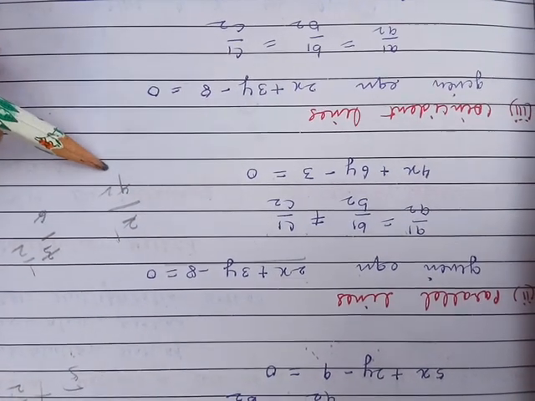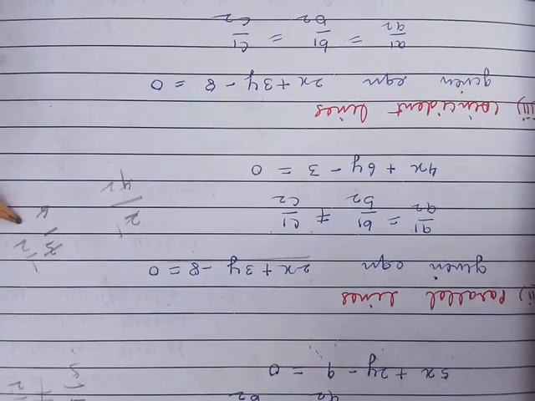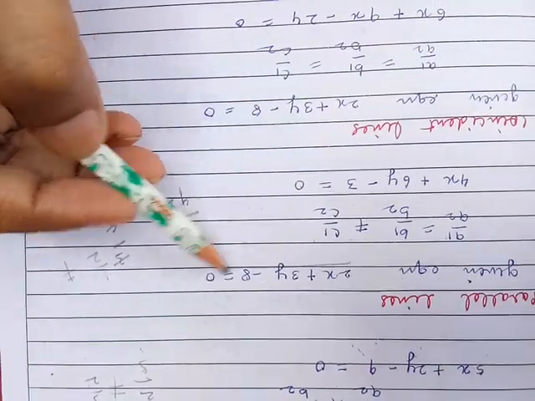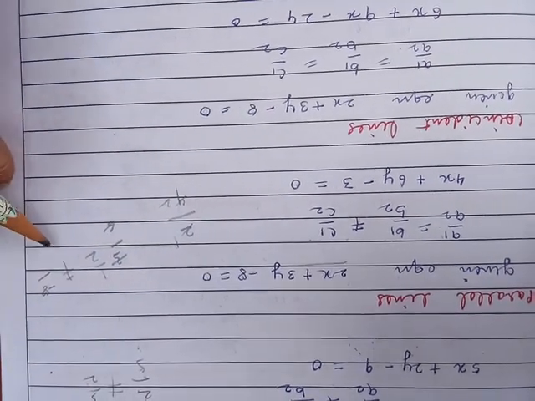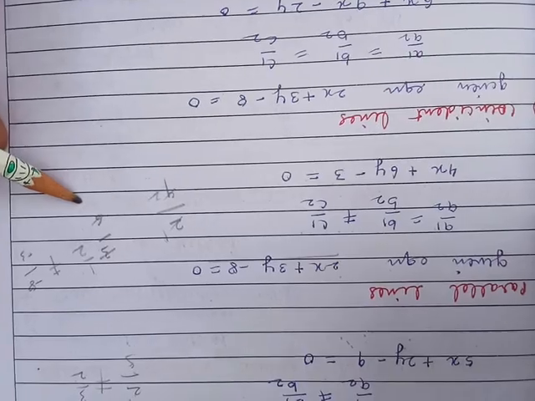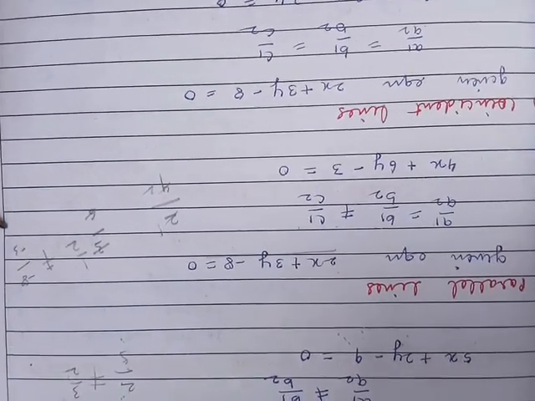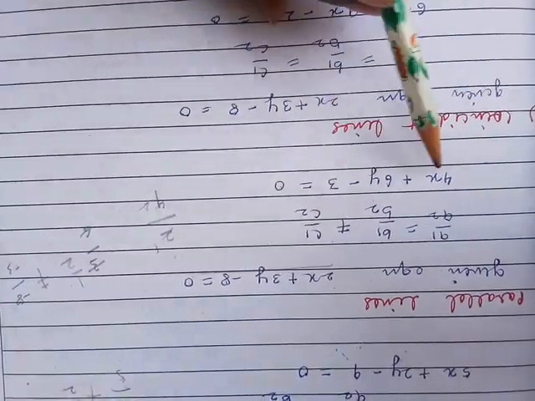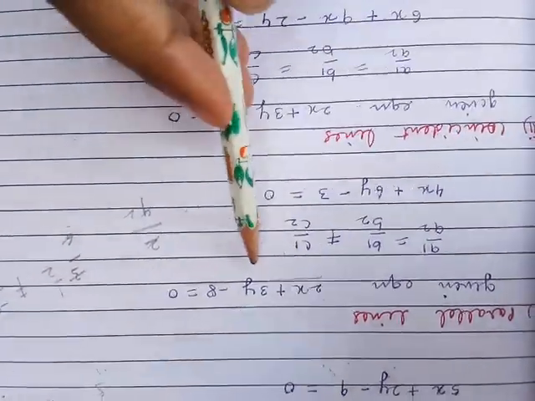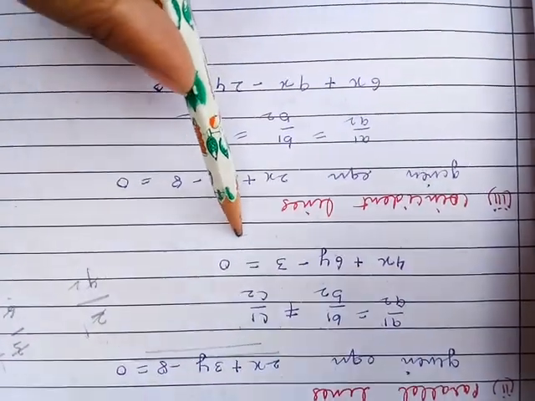So a1 upon a2 is equals to b1 upon b2, but not equals to c1 upon c2. So here c1 is minus 8 and c2 I have taken as minus 3. So here a1 upon a2 is equals to b1 upon b2, but not equals to c1 upon c2. So here this 4x, this 6y minus 3. So this is the first equation, this is the second equation.